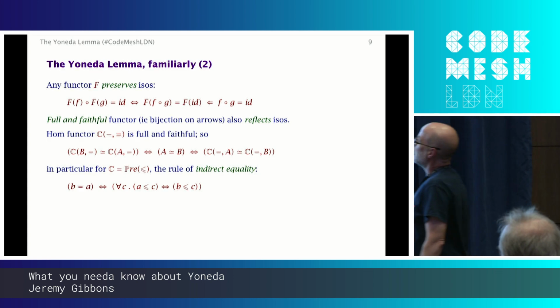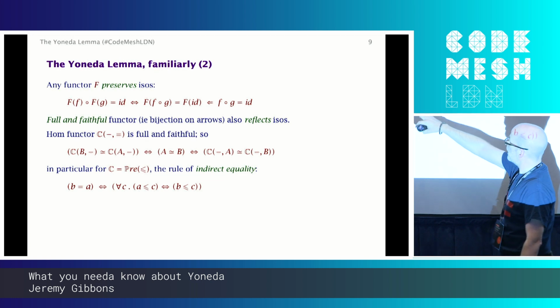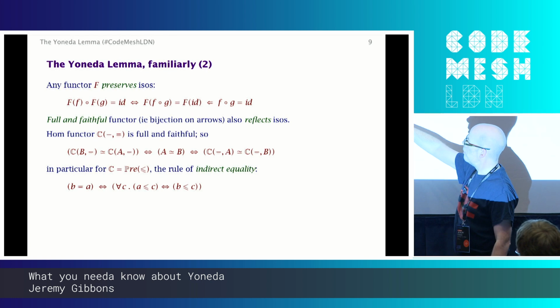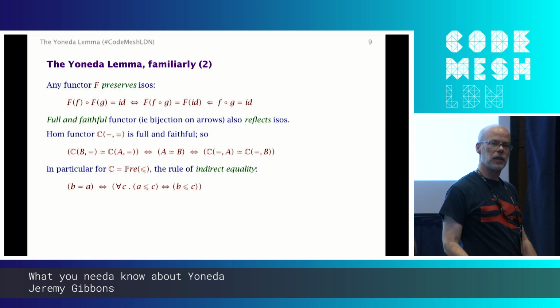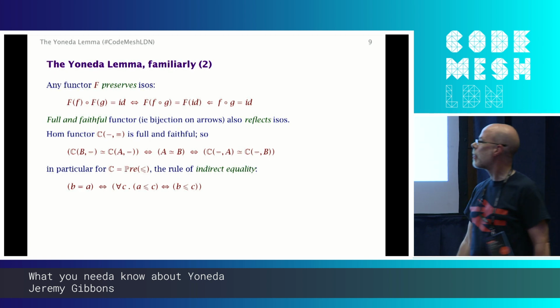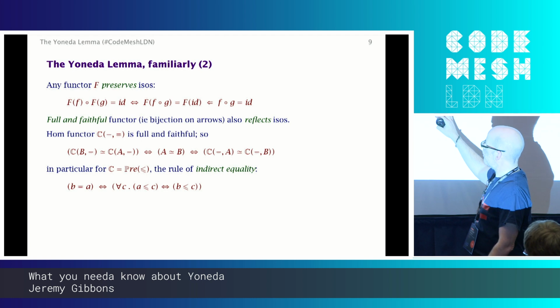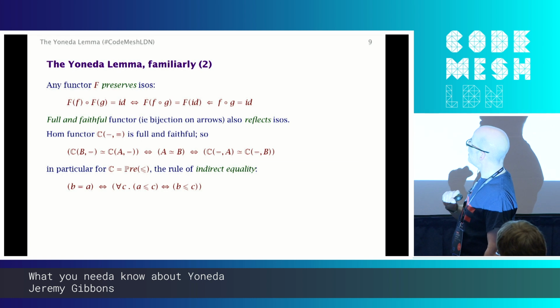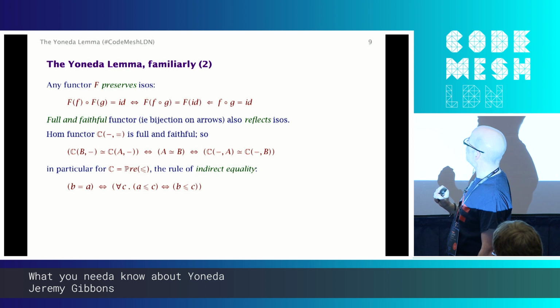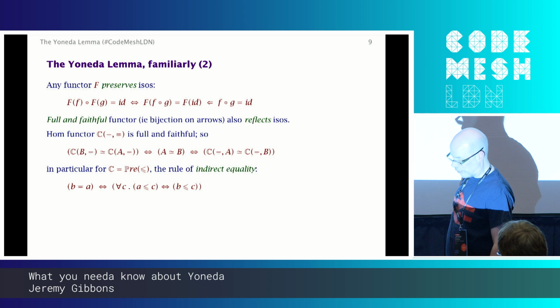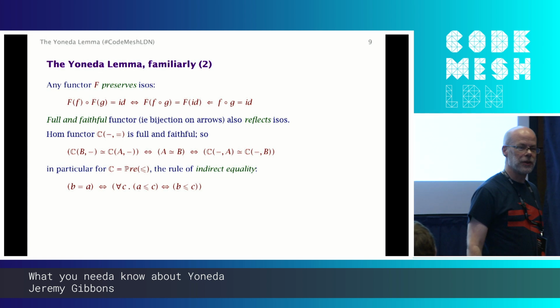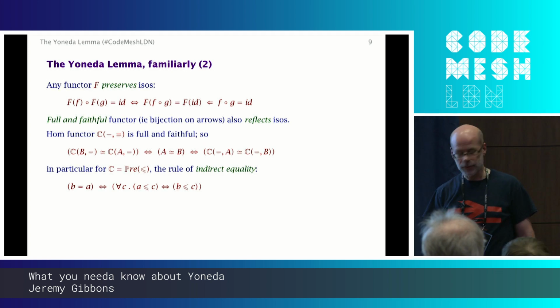Again, if you've got two equal things, B and A, then of course C is bigger than one if and only if C is bigger than the other, because they're the same thing. And conversely, if this holds for all C, then you can conclude they are equal. You can plug functorial actions in and get the other result back. I won't work out the details.